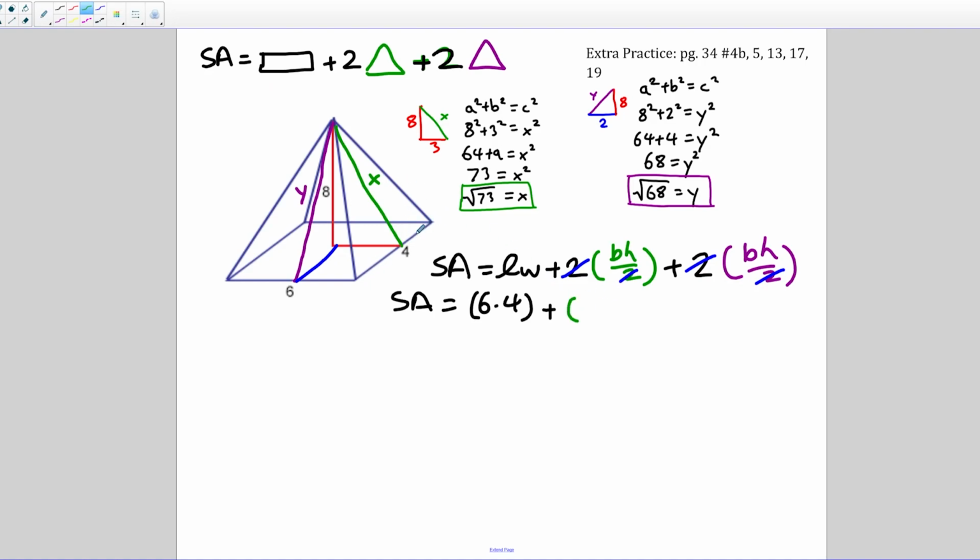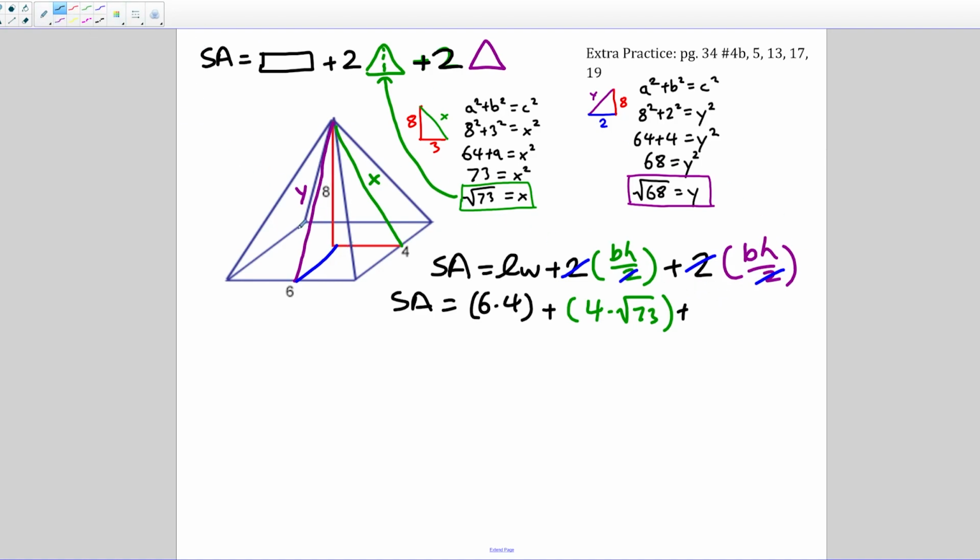So we're looking at this guy here. My base is 4 times my height. So we found out the height of this guy, or rather the slant height of the pyramid, the height of my green triangle was the square root of 73. And we are going to add that to the base of my purple triangle.